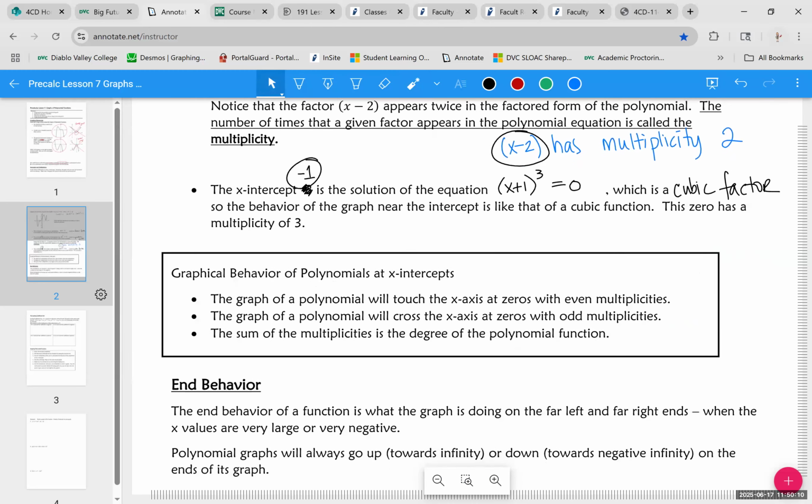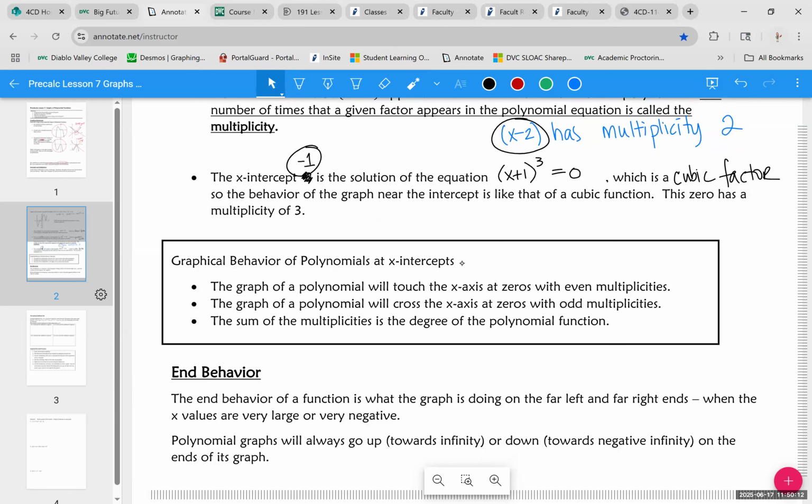So that's the first piece of information that we need to know about in terms of polynomials, is looking at the degree or the multiplicity of the factors and the zeros, and then understanding how that contributes to the behavior at that x-intercept.